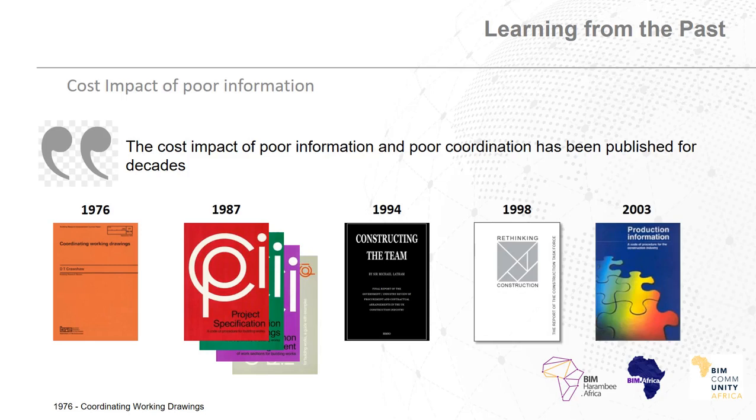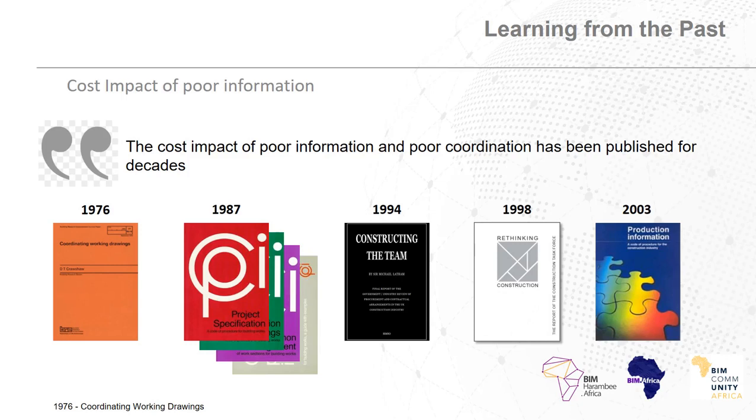Following the poor uptake of the CPIC documents published back in 1987, they were revised and combined into a single document, updated to suit CAD processes. This combined document was then released in 2003, titled Production Information, a practical guidance on the preparation of good production information, making optimum use of widely adopted computer systems.